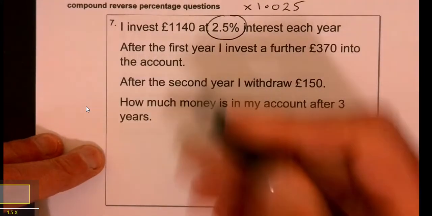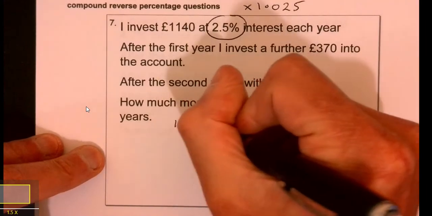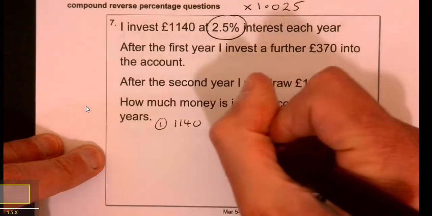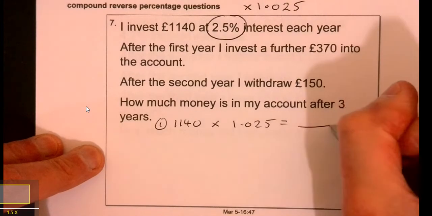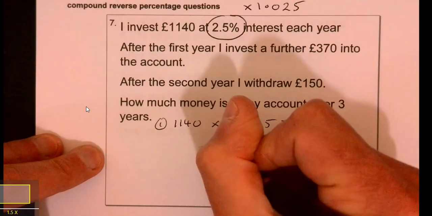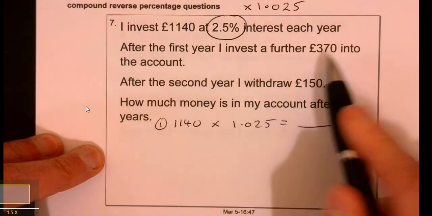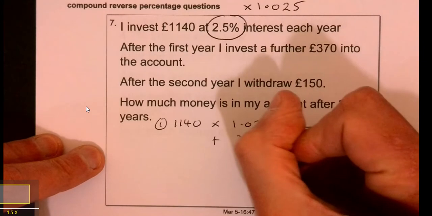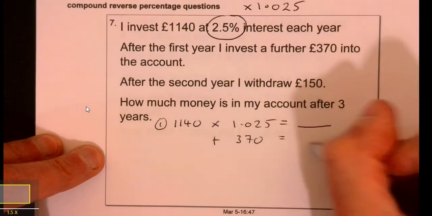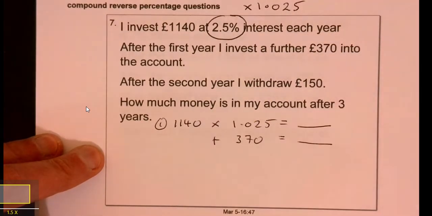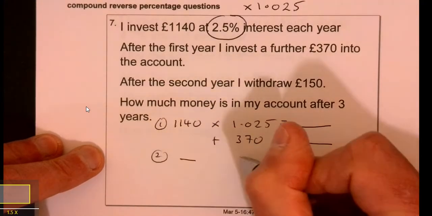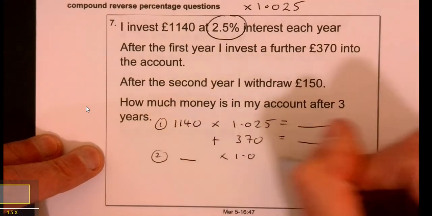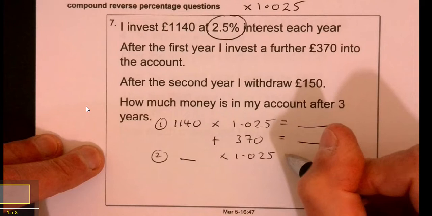So okay, let's just work it through. What's going to happen? Year one, we've got an answer. After the first year, we then pop another £370 in. And then in the second year, we take that number and multiply it by 1.025.